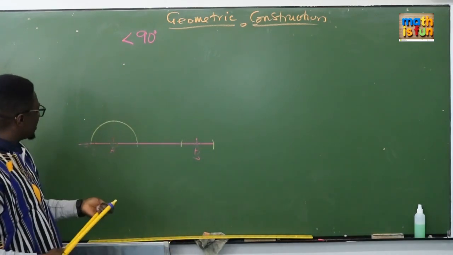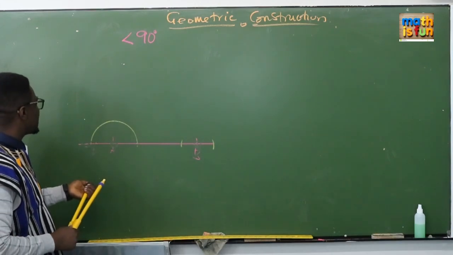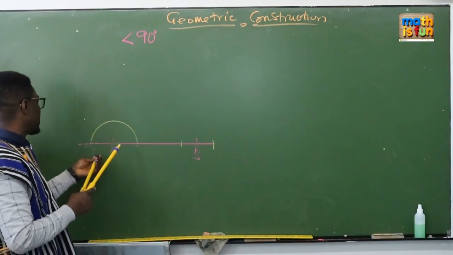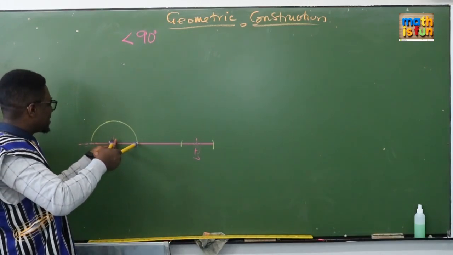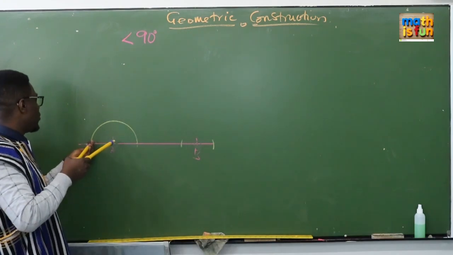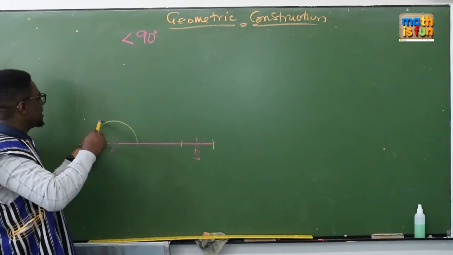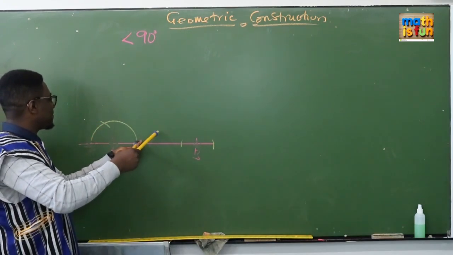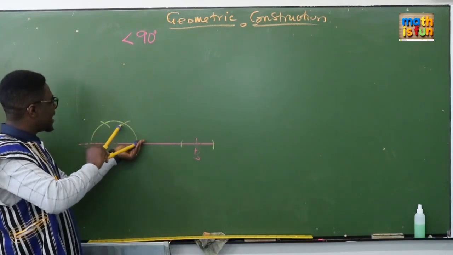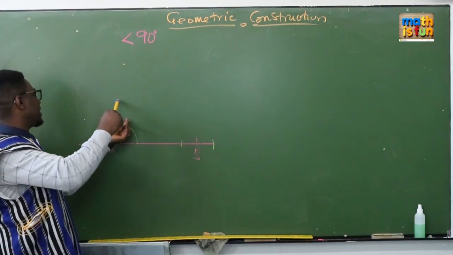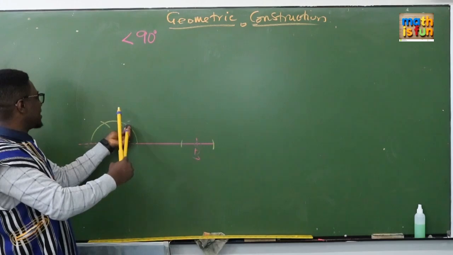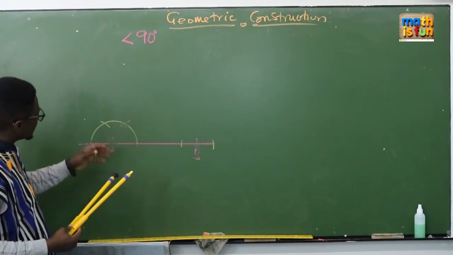So I do this one, my semicircle. With my semicircle, some go as far as constructing 60 here, 60 there. Then you can check if you are still getting your 60 that side.